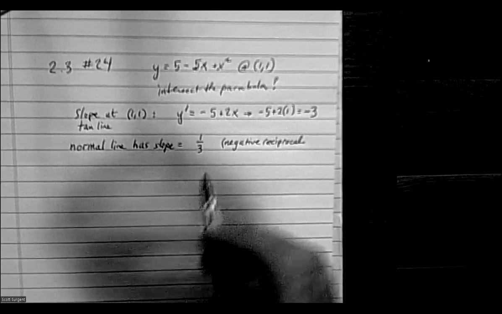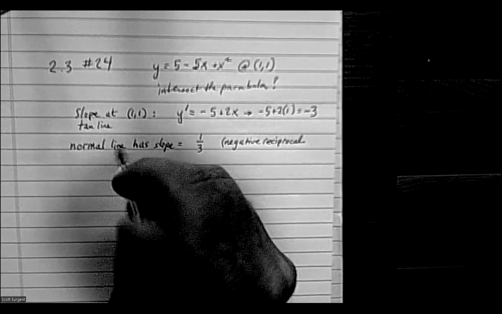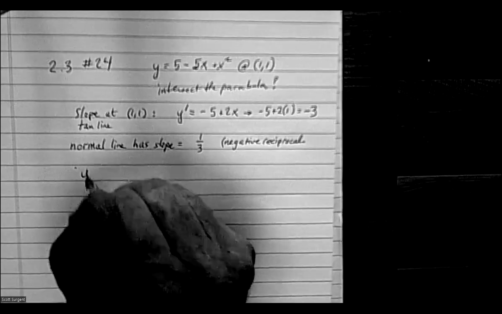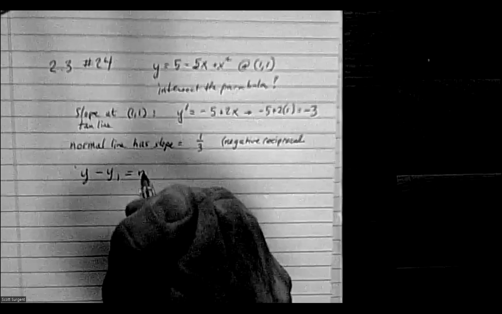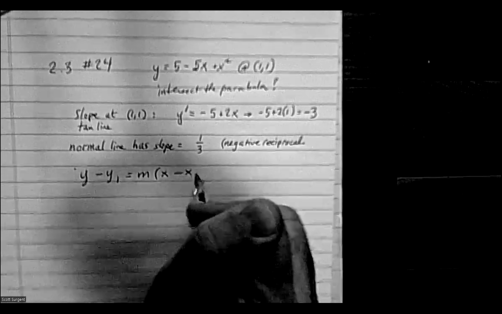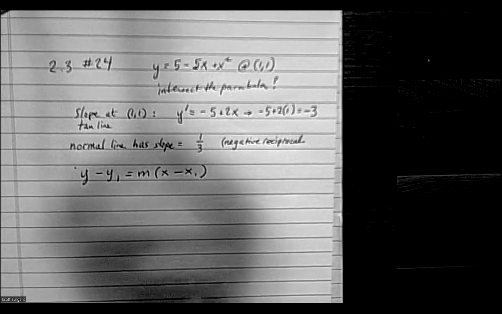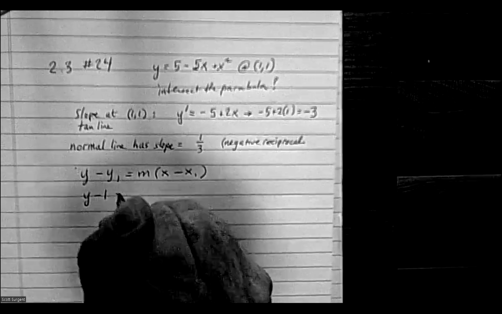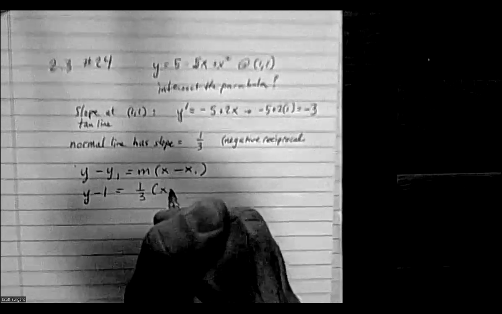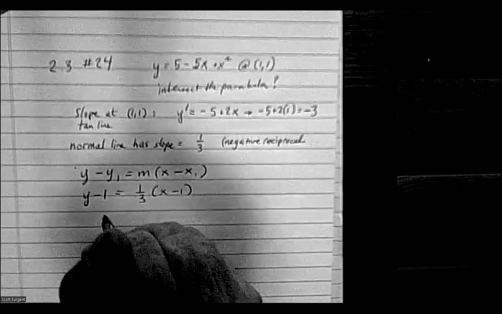All right. Well, we already know that the point is 1, 1, so we use this old formula from algebra, the point slope equation for a line, to figure out the equation of the normal line. So we just pop in the numbers and work it out.